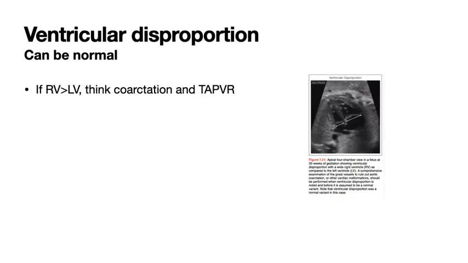All right, let's talk about ventricular disproportion, where you go up to the level of the AV valves and you measure the diameter there. You can have ventricular disproportion and have it normal, but the other thing you have to think about is that it may not be normal, and if the right ventricle is bigger than the left, think of coarctation and TAPVR.